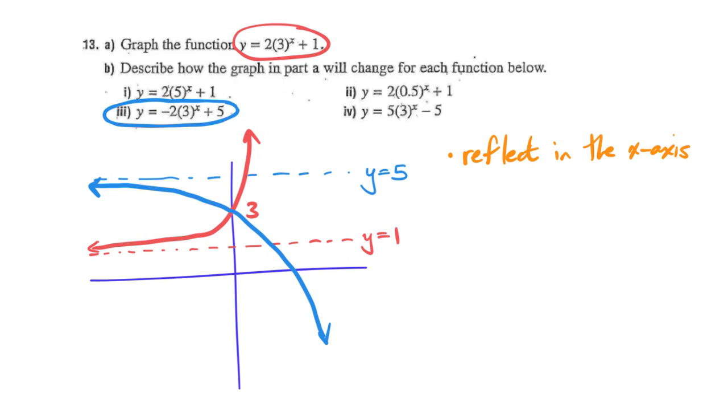Okay, if I take my horizontal asymptote at y equals 1 and I reflect it in the x-axis, then I'm going to have a horizontal asymptote at y equals -1. Some of you might be able to see right now why I can't shift that up 4 to get to my blue graph.